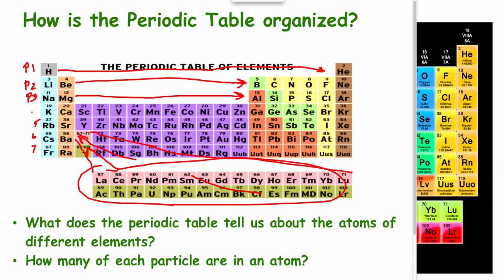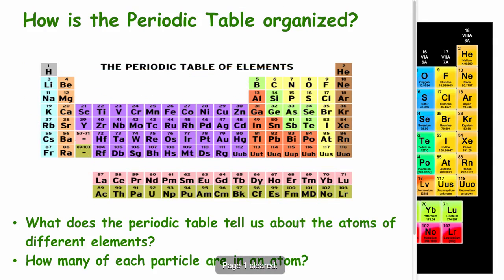But let's look at what the periodic table actually tells us about the atoms of the different elements, because we're concerned about understanding the elements and the atoms in relation to the density of matter. When we look at the periodic table, we see that when we follow across in the rows of elements, we actually have ordinal numbers, meaning numbers that count up in order.